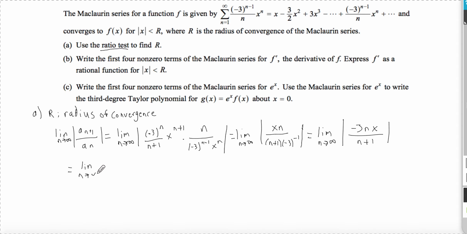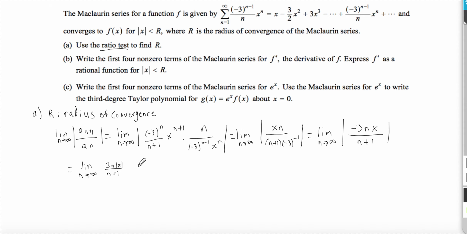The limit as n approaches infinity of, let's call it 3n absolute value of x. Notice I brought the n out of the absolute value sign too, because n is going to infinity, so it's always going to be positive, over n plus 1. Because really, the absolute value sign got rid of that negative, but we'll need to still apply it to x, because it could be positive or negative, but n is going to stay positive.